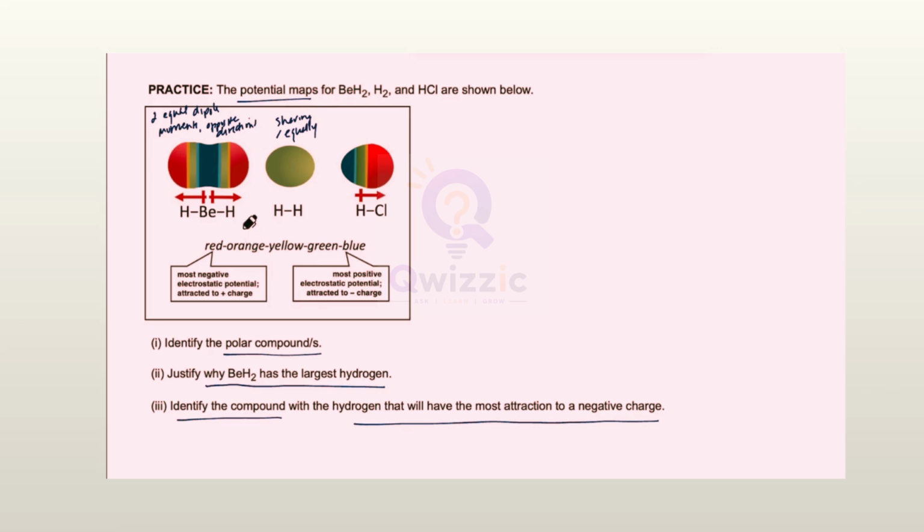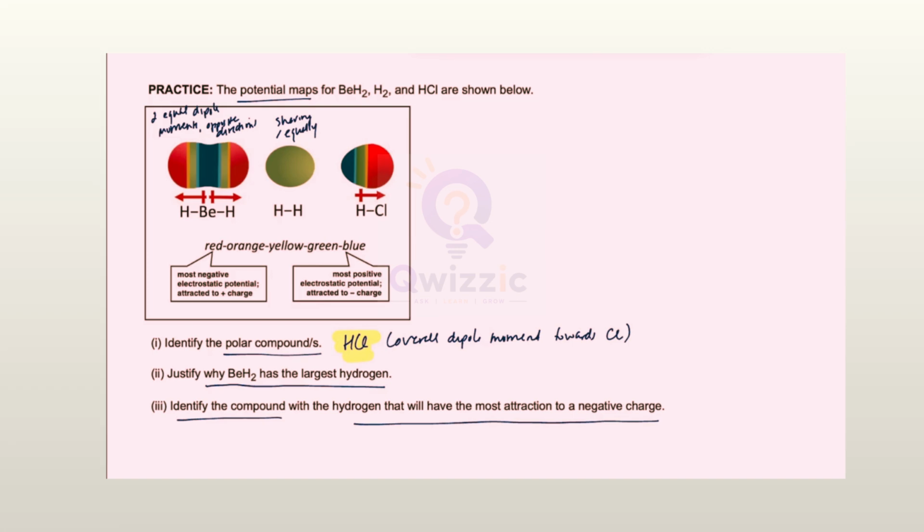So overall, this means that this is a nonpolar molecule. So our only polar molecule here is HCl, since it has an overall dipole moment towards that electronegative chlorine. So that's question 1.